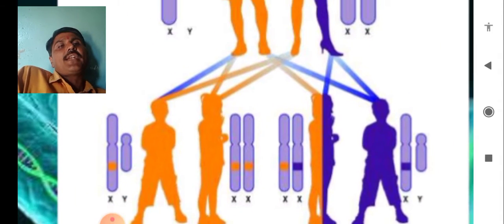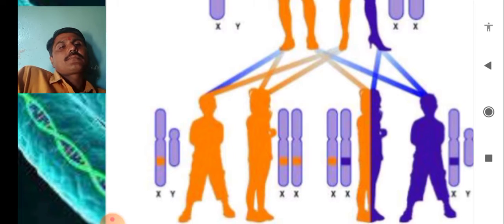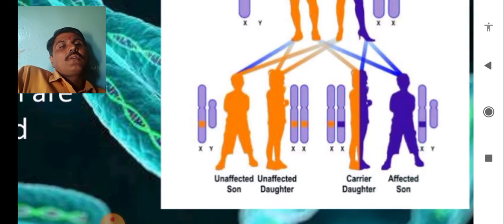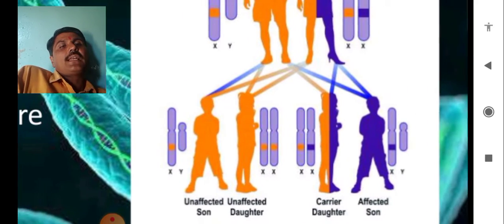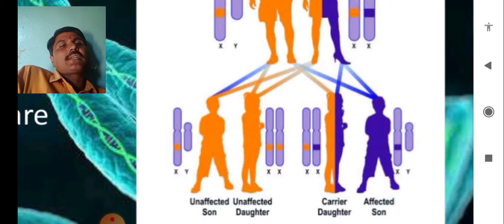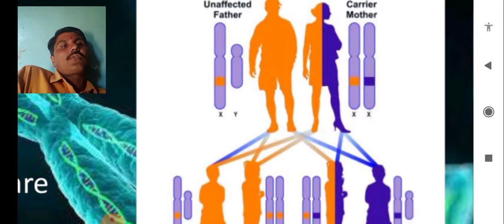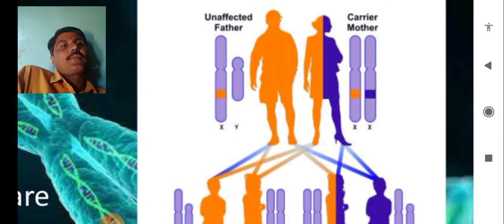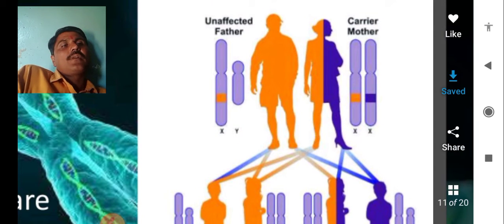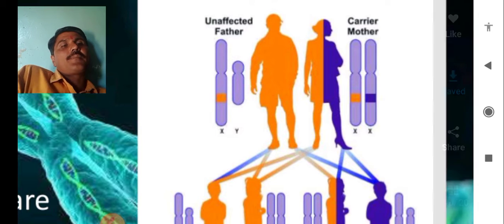When these two fertilize, the son will be unaffected and the daughter will also be unaffected. So in this case, the carrier is the mother.